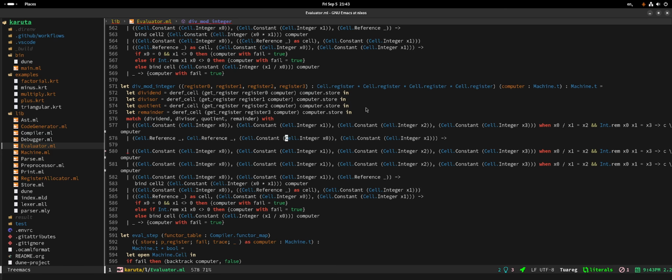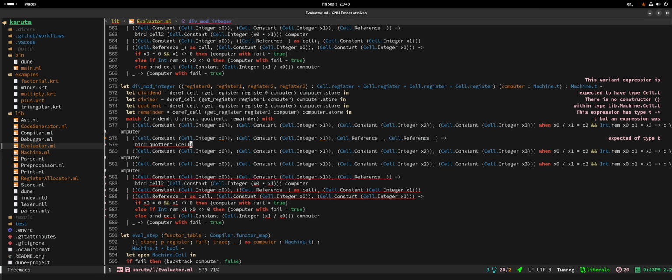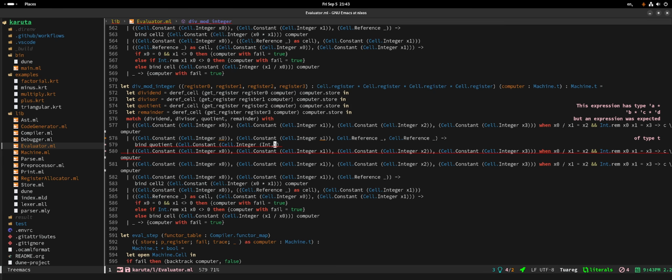So let's actually do that. We definitely should have done that first. So here, what do we say? Well, the quotient will be the dividend divided by the divisor, then bind the remainder. Quotient, int div x0 x1.